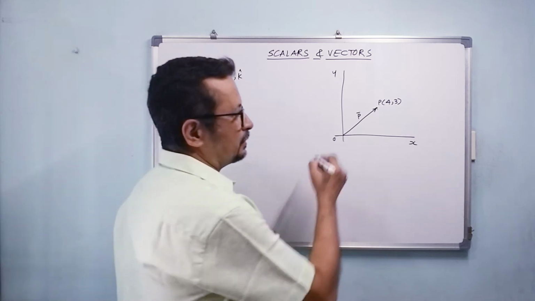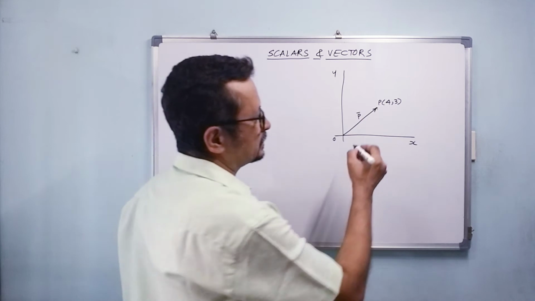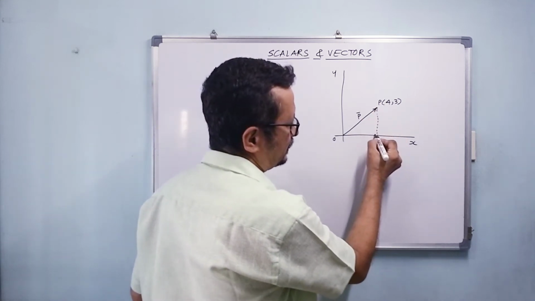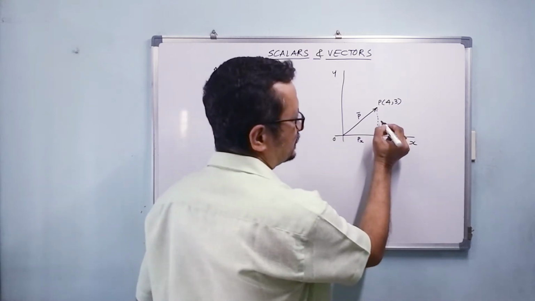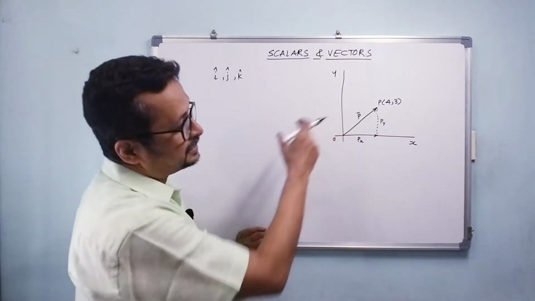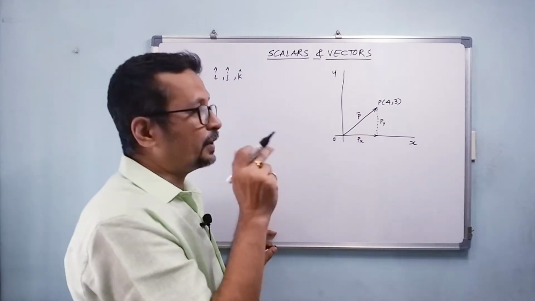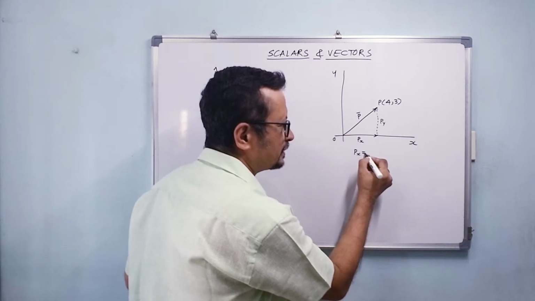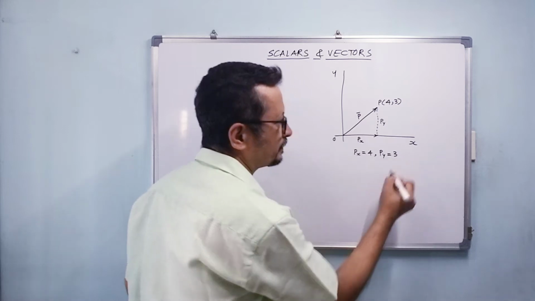If I resolve p bar into horizontal and vertical components, I draw a perpendicular, and this part is px and this is py, the x component and y component. The x coordinate of point P is 4 and the y coordinate is 3, so the magnitude of px is 4 and py is 3.